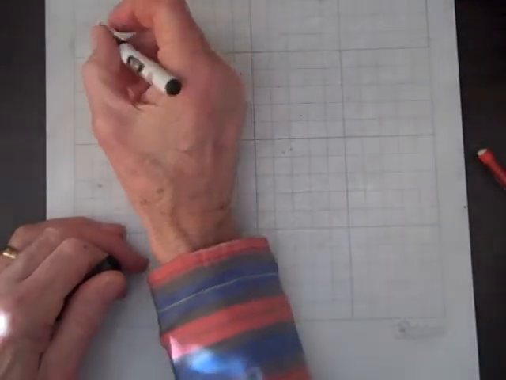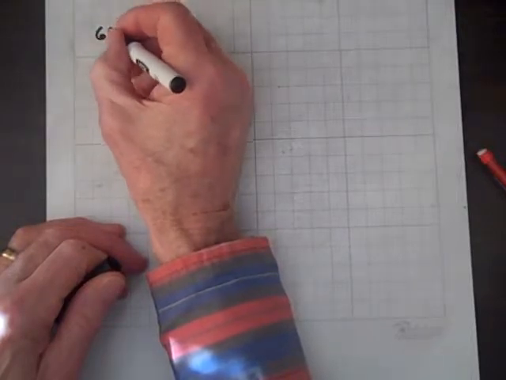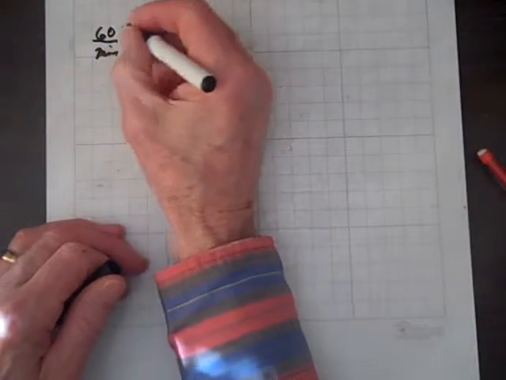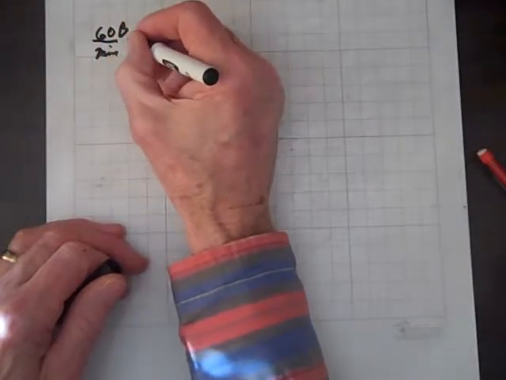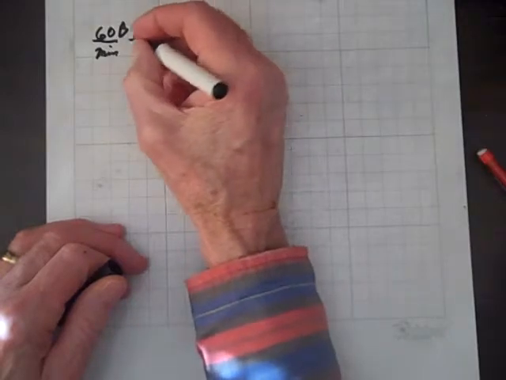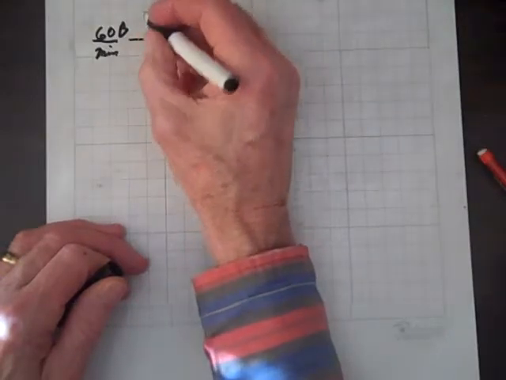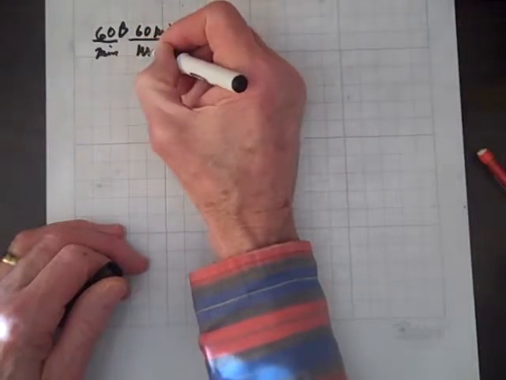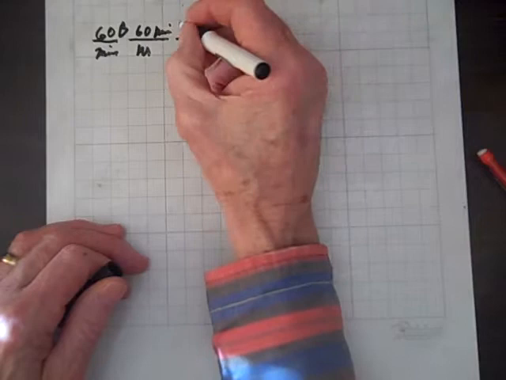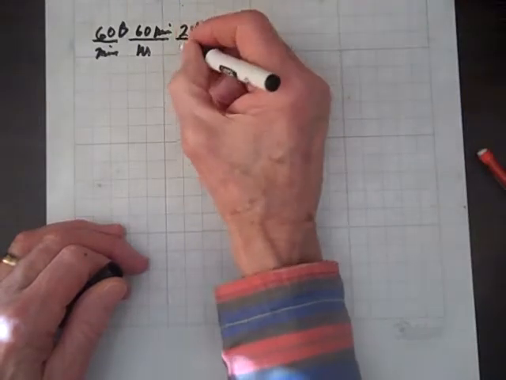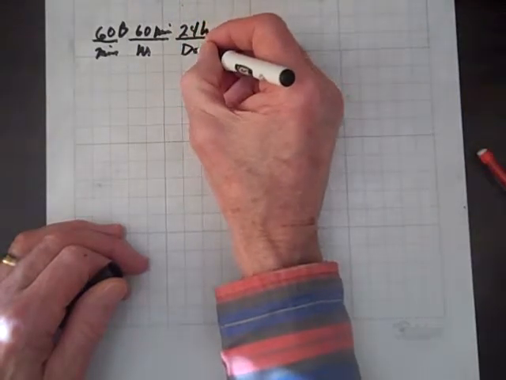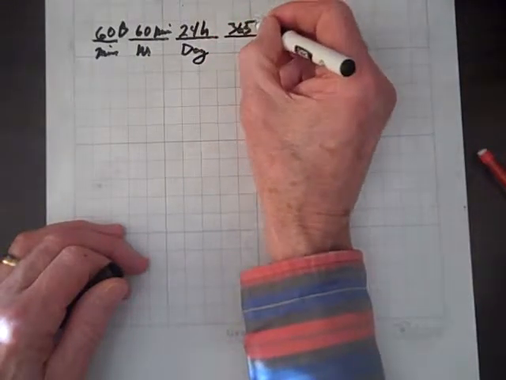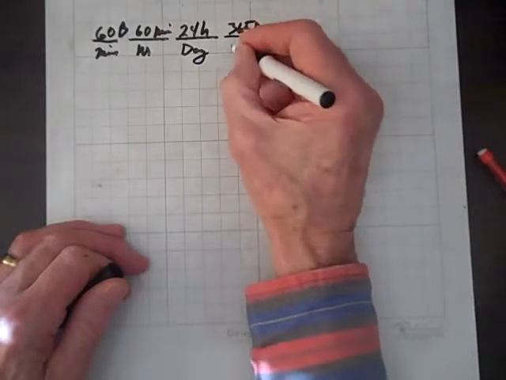So, say a person has 60 heartbeats per minute. 60 beats. And there are 60 minutes per hour, and we have 24 hours per day, and 365 days per year.